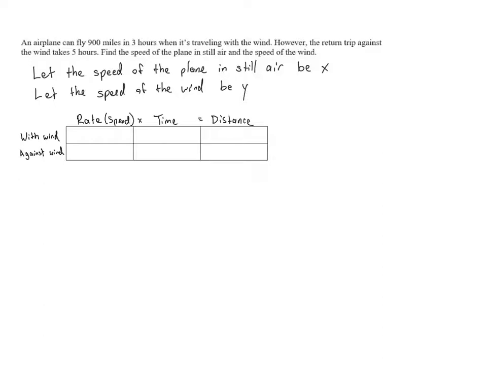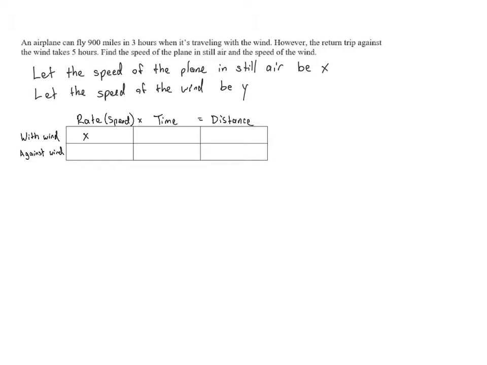For the rate, another thing, students always want to start by saying x and then y, but these problems are a little bit different. The plane's speed when it's going with the wind isn't x. X was the speed of the plane in still air. When the plane's going with the wind, it's actually going to go faster because the wind is pushing it forward.